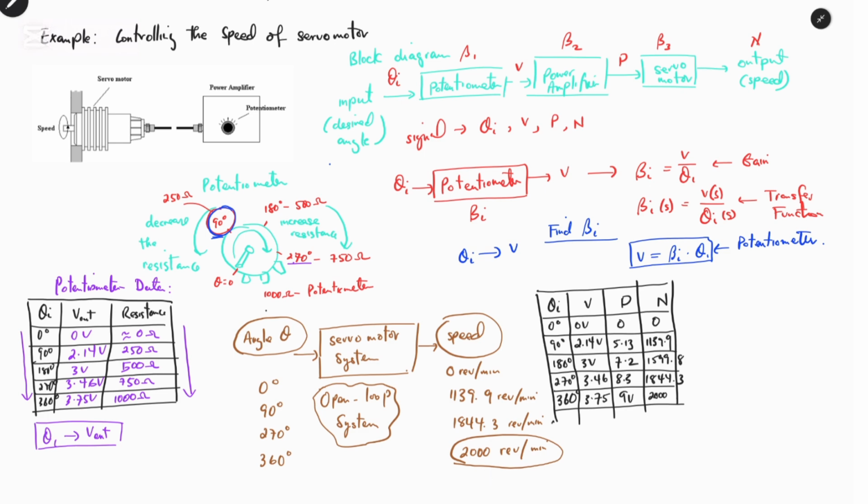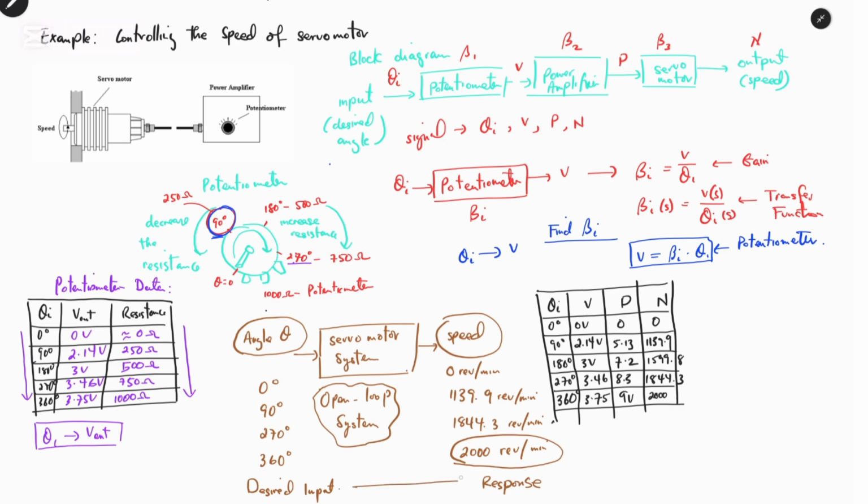But in this video, I want to show you that you can represent a system mathematically by considering the parameters and the signal gain in and out of the system to produce the corresponding speed. So this is nothing but the response of our system, and this is our desired input.